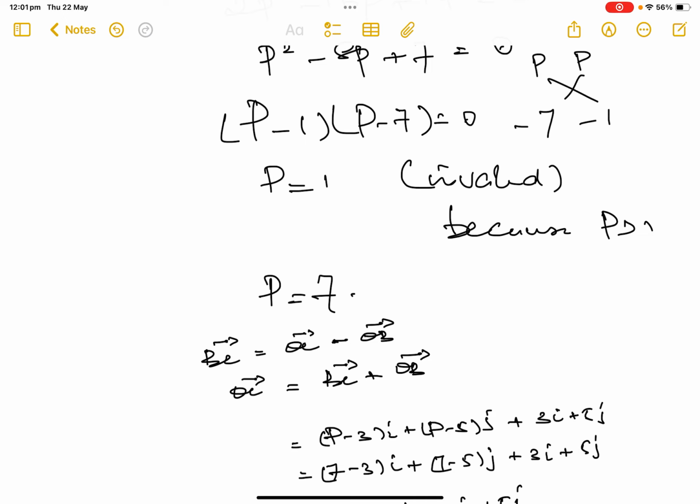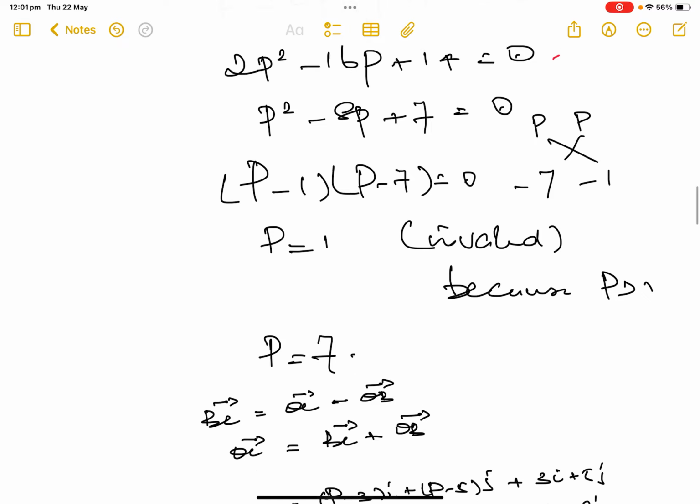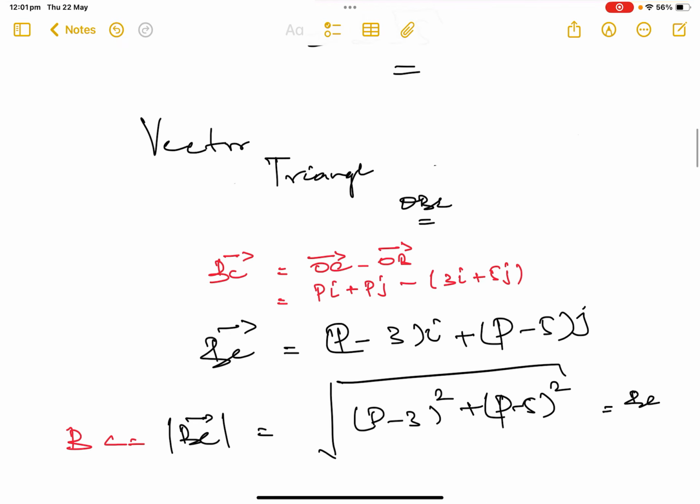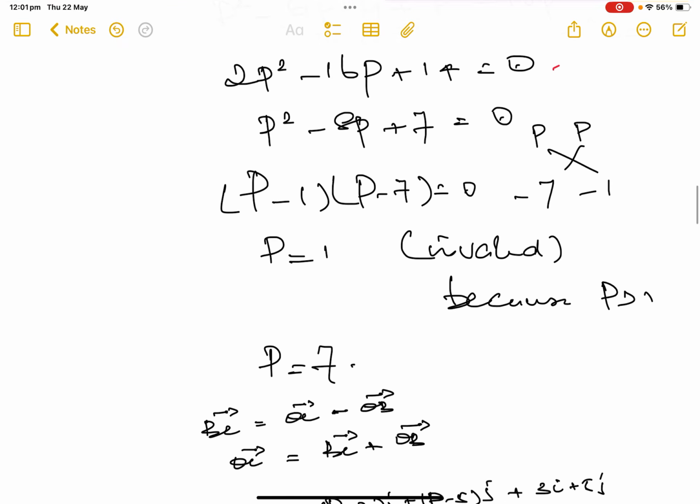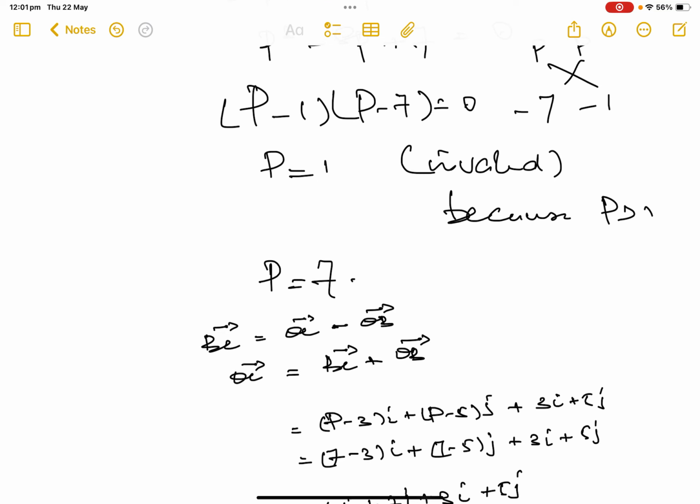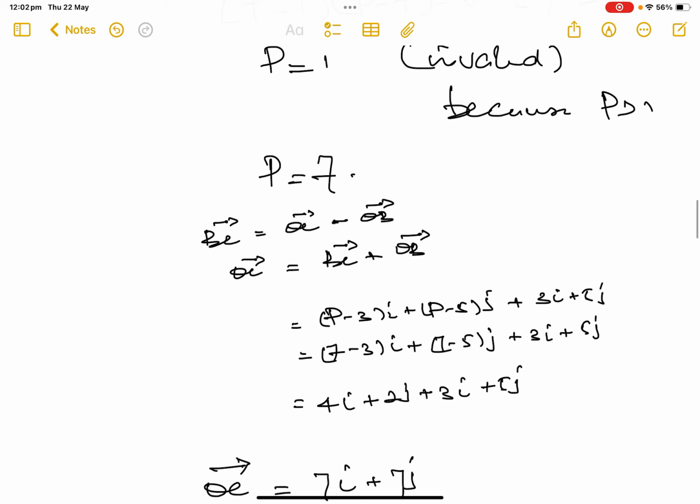Right. BC, we found that BC there. Just to stick to the pattern, BC equals OC minus OB. OC is what we have to find. OC equals BC plus OB. So bring that OB to one side. BC is (p minus 3)i plus (p minus 5)j, plus OB, which is 3i plus 5j.